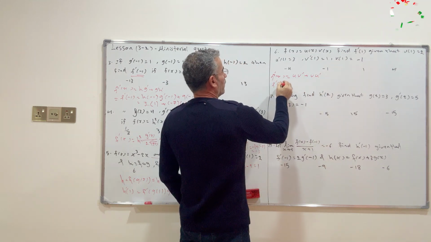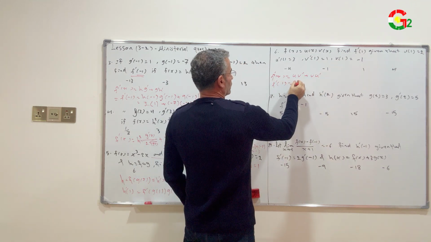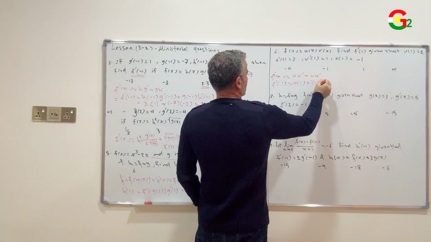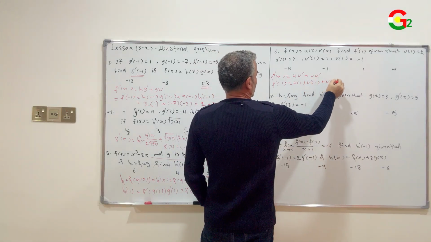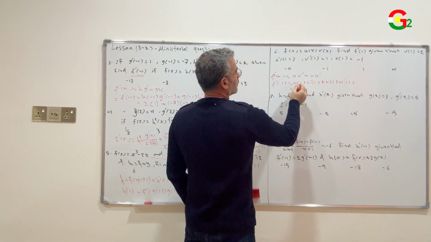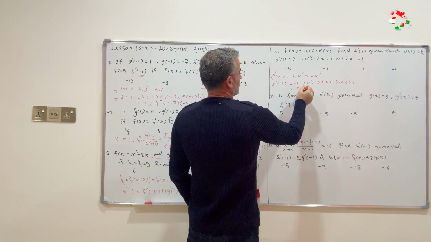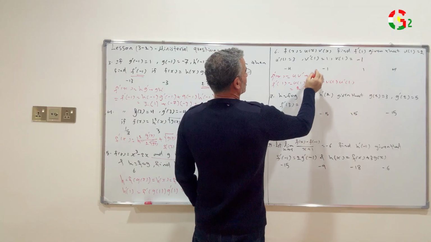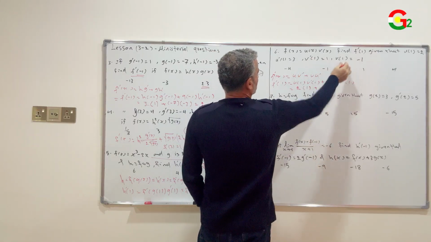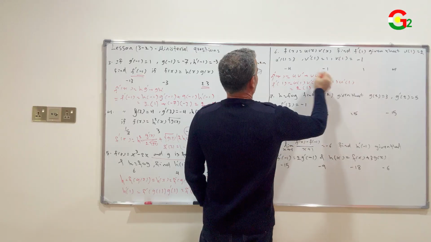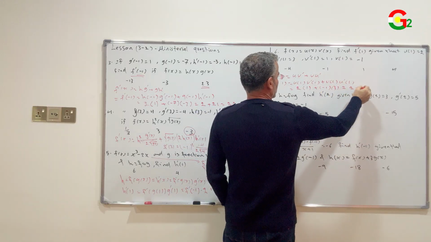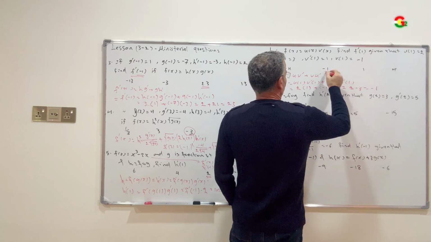Then f prime of 1 equals u of 1 times v prime of 1 plus v of 1 times u prime of 1, equals 2 times 1 plus -1 times 3, equals 2 minus 3, equals -1.